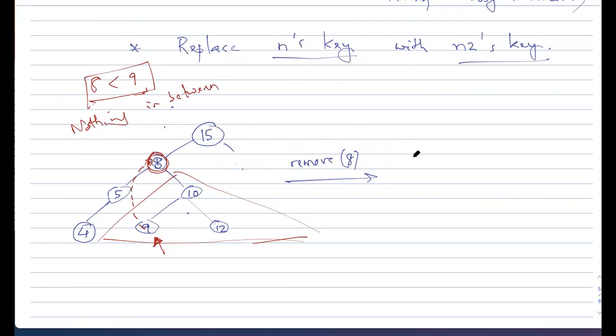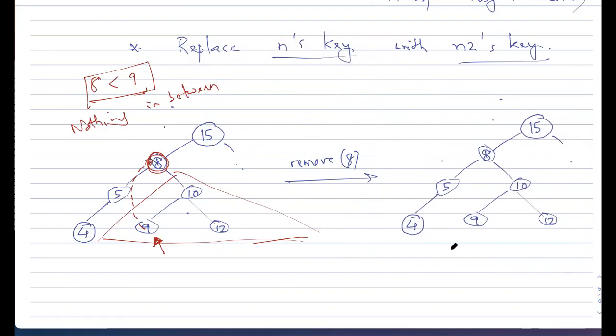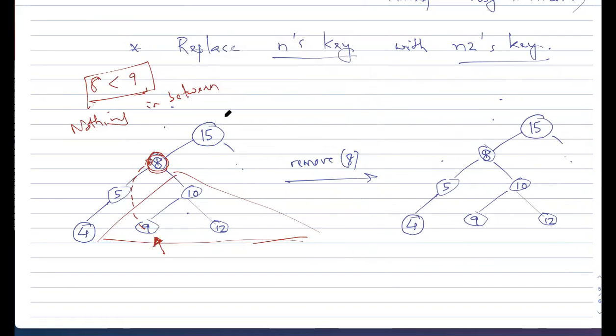Okay. So now your focus goes to 9. I know how to delete 9, because I just saw that if a node has no children, it's so easy to remove.